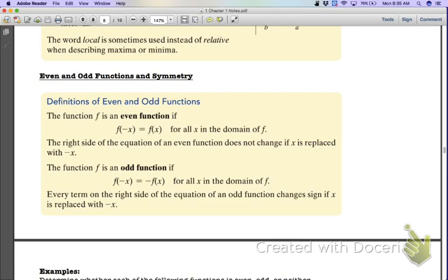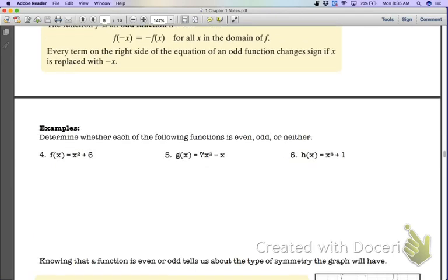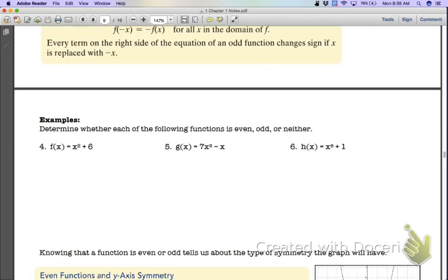If it's an odd power, it's normally going to be an odd function. Again, that can change depending on what we're dealing with and what kind of graph we have, but that's usually a good way to determine what we have.